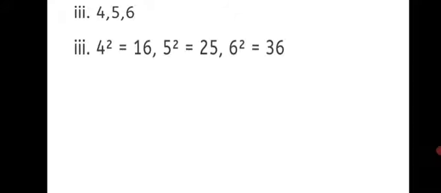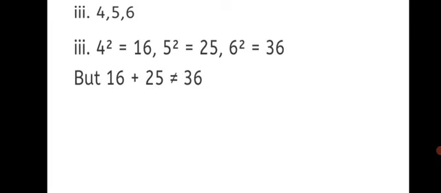Third sum, 4, 5, 6. So first step, we will write the squares of all the 3 numbers. 4 square is equal to 16, 5 square is equal to 25 and 6 square is equal to 36. Now add the squares of smaller numbers. 16 plus 25 is not equal to 36.